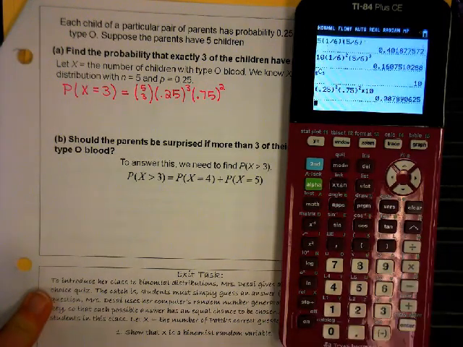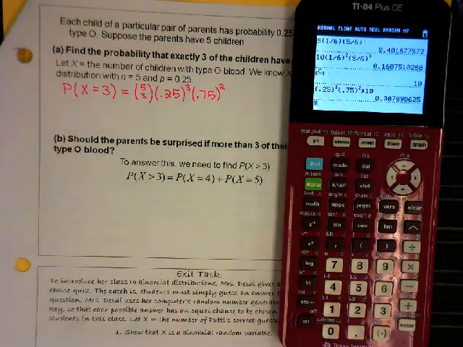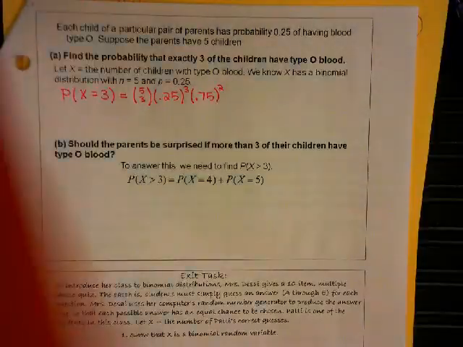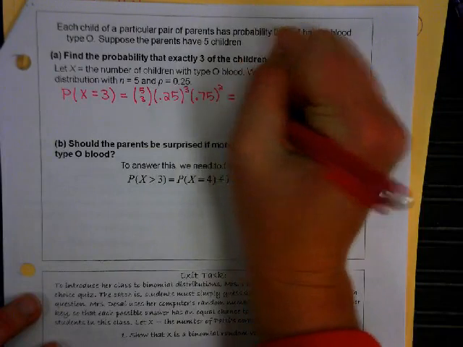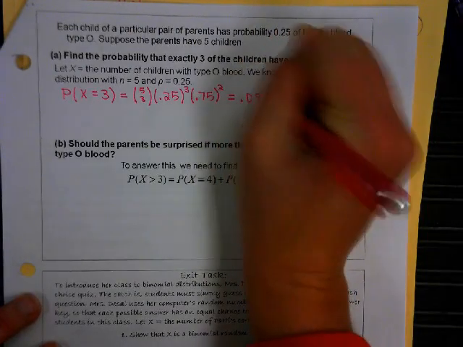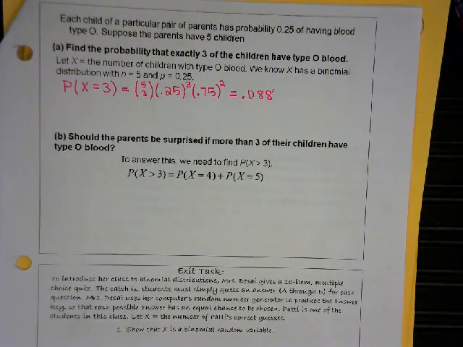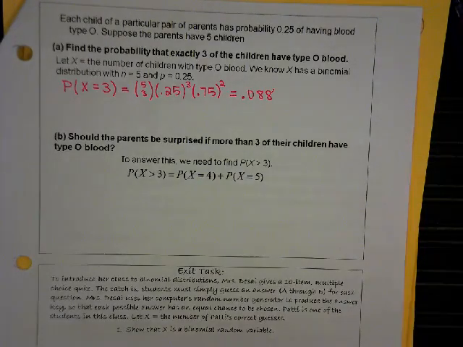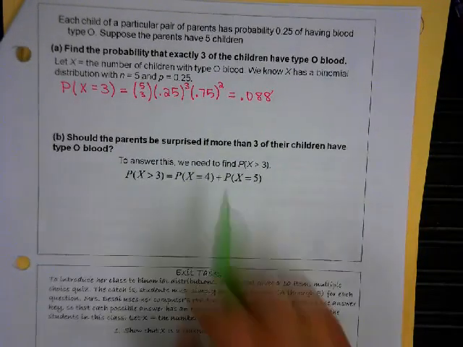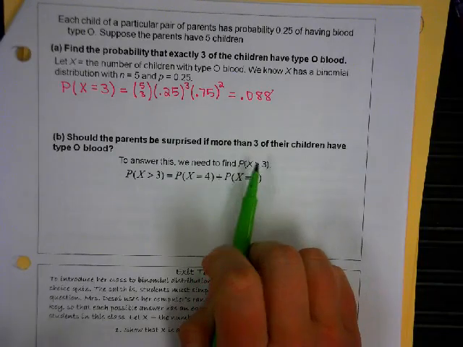Part B says, should the parents be surprised if more than 3 of their children have type O blood? So to answer this, we need to find the probability that X is greater than 3. Since we have a fixed number of trials, X being greater than 3 is X is 4 and X is 5. So we're going to find the probability that X is 4 and add it to the probability that X is 5.